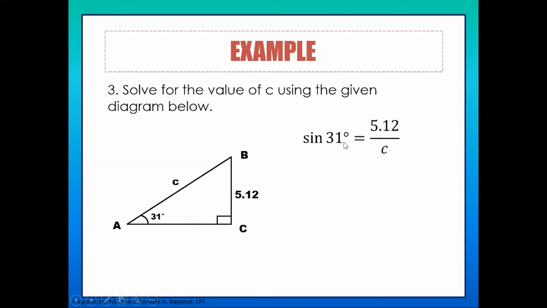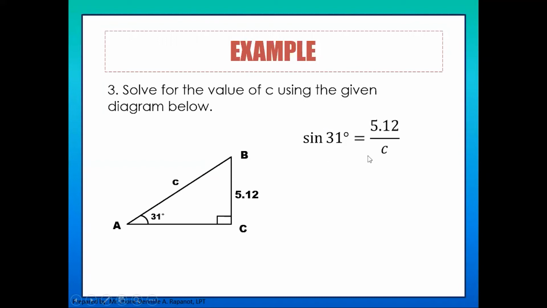So we have sine 31 degrees is equal to, remember, sine is opposite over hypotenuse. So we have the value for opposite, 5.12. We don't have a value for C. So this is the first thing that we can have in order to further work with this problem.